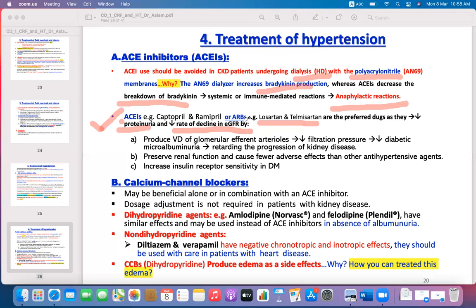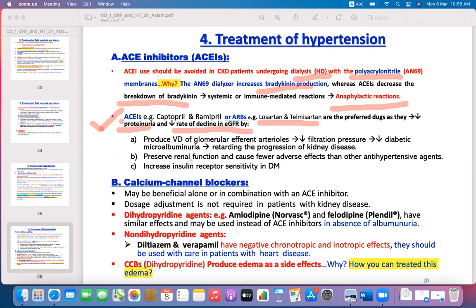How do they act? They produce vasodilation of the glomerular efferent arterioles, decrease the filtration pressure, decrease diabetic microalbuminuria, and retard the progression of kidney disease.